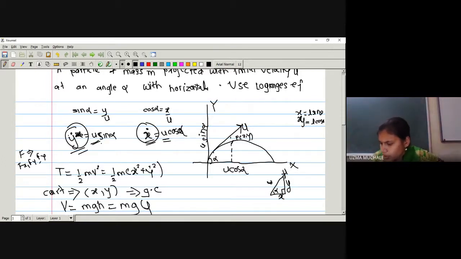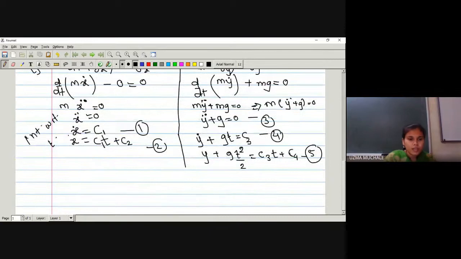Okay. So let me write down those values. C1 is equal to x dot, and x dot is u cos alpha. So from equation 1, I can write C1 is equal to x dot, which is equal to the component of velocity along the x direction, u cos alpha. Right.